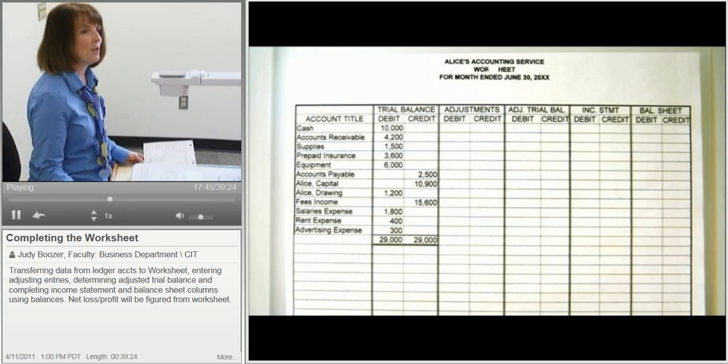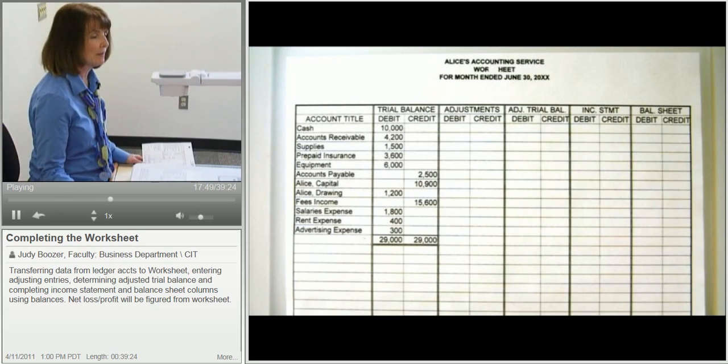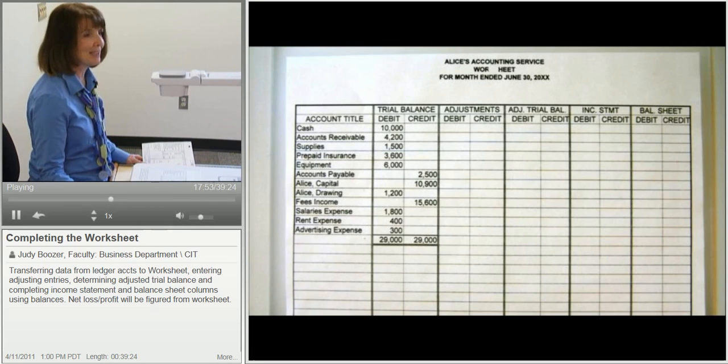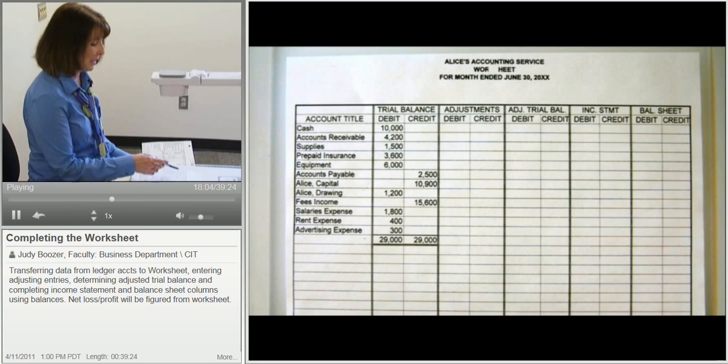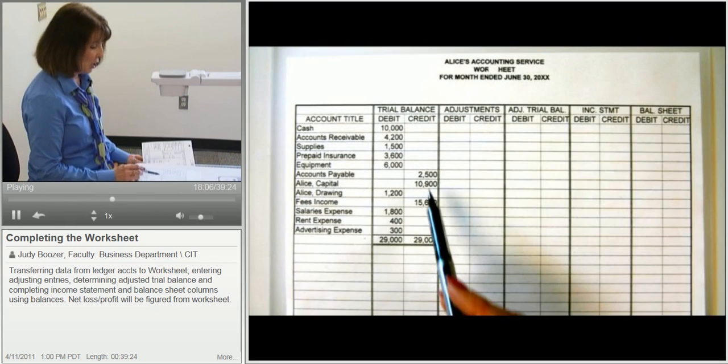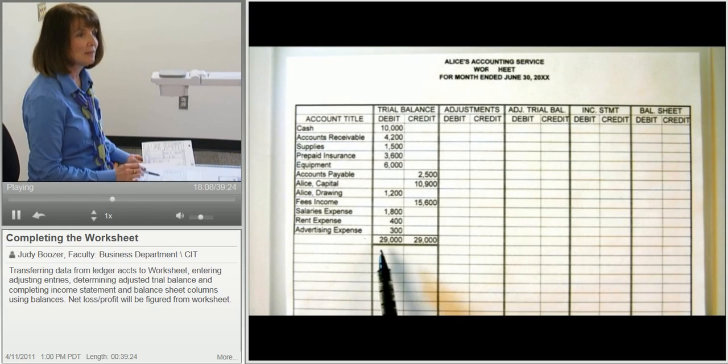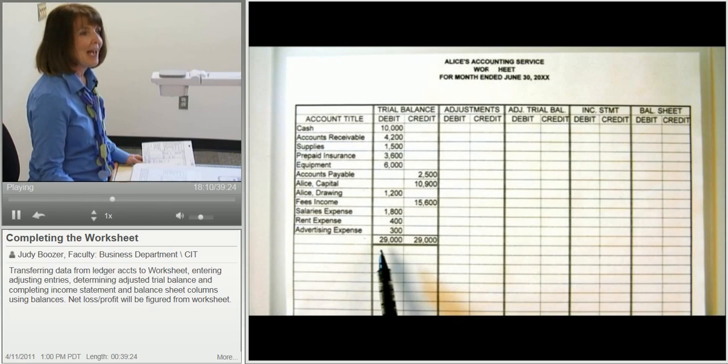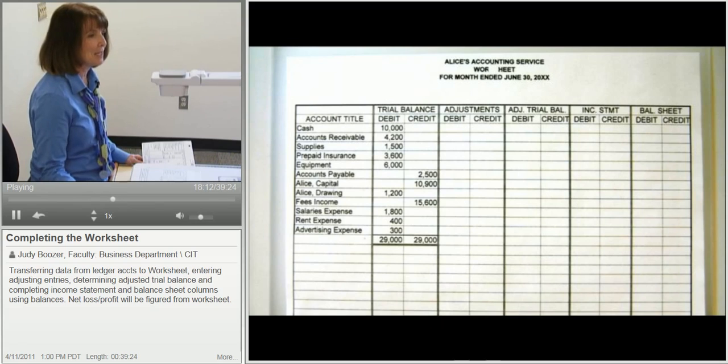These are going to be those accounts with balances, and they're listed in which order? Assets, liabilities, owner's equity, etc. Or in numerical order by their account numbers. So it's going to be easy to determine the order. And we just simply list them and their balances. Notice that the two totals match. Has to happen. Debits must equal credits.